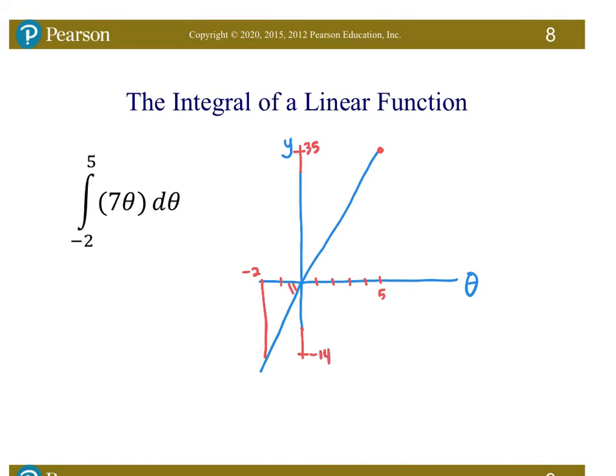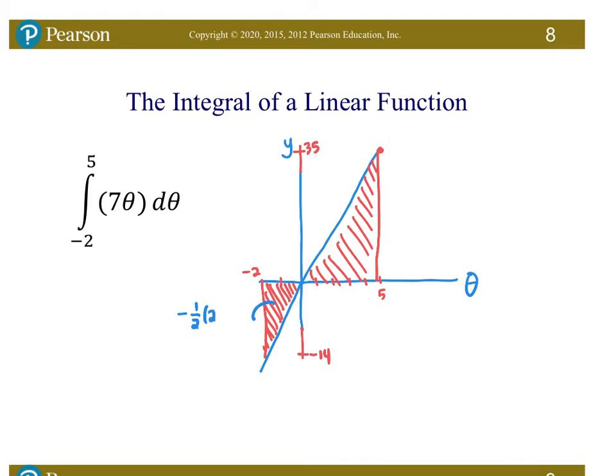So I want the area formed by the triangles here, and so now one of the triangles is positive and the other triangle is negative. So my negative triangle here would have negative 1/2 base times height.